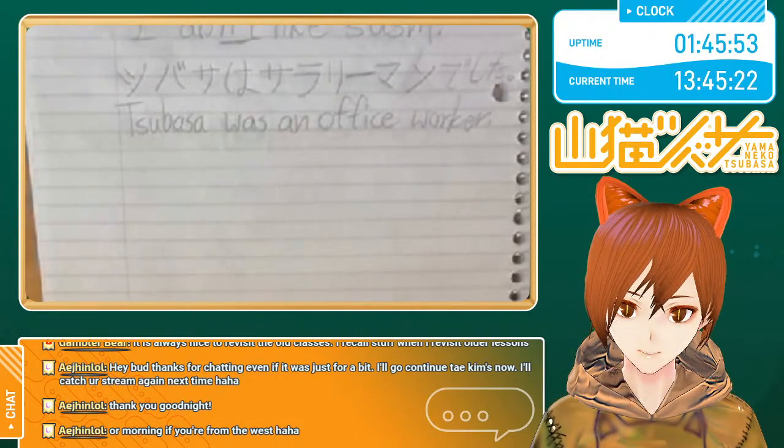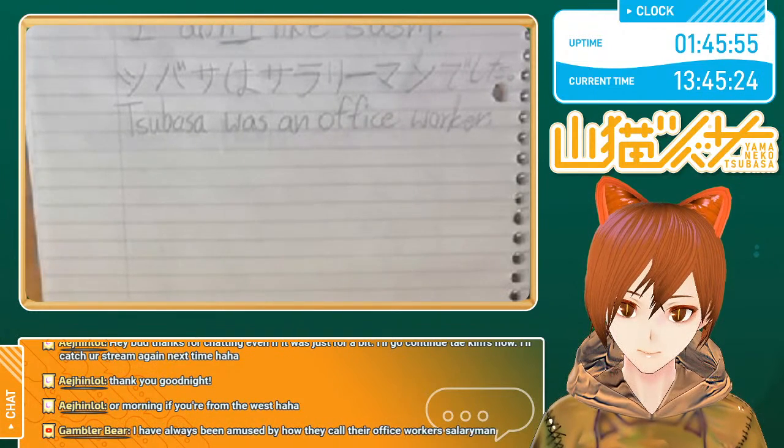Except... let's go with a more Japanese example.